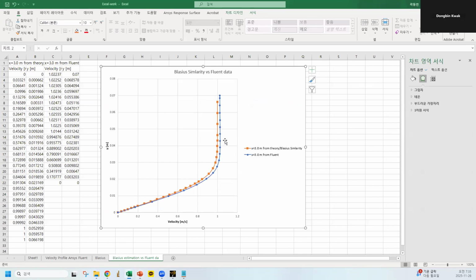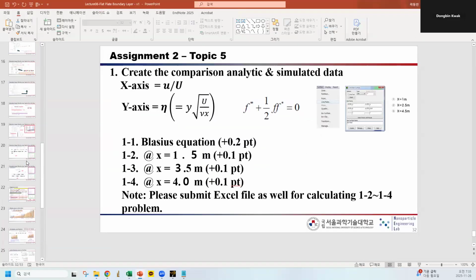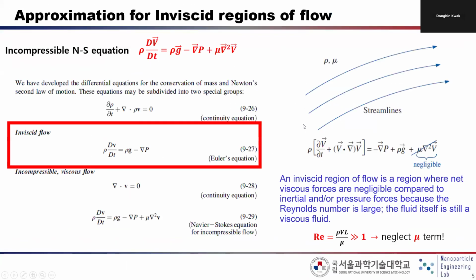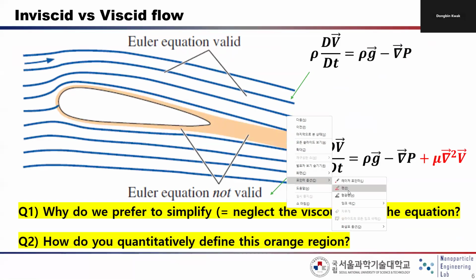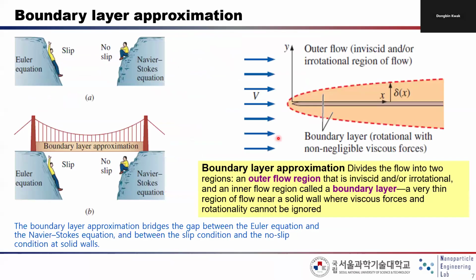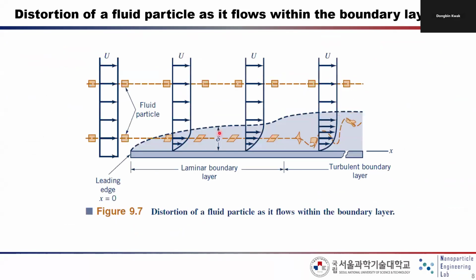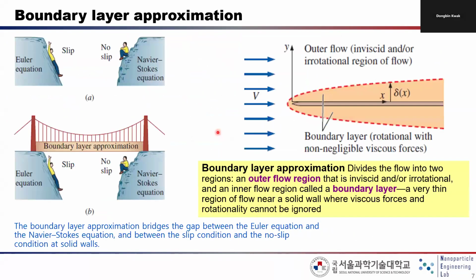Okay, so let's briefly review our agenda again. To obtain this velocity profile, you can use the Navier-Stokes equation, Euler's equation, or the boundary layer approximation equation.